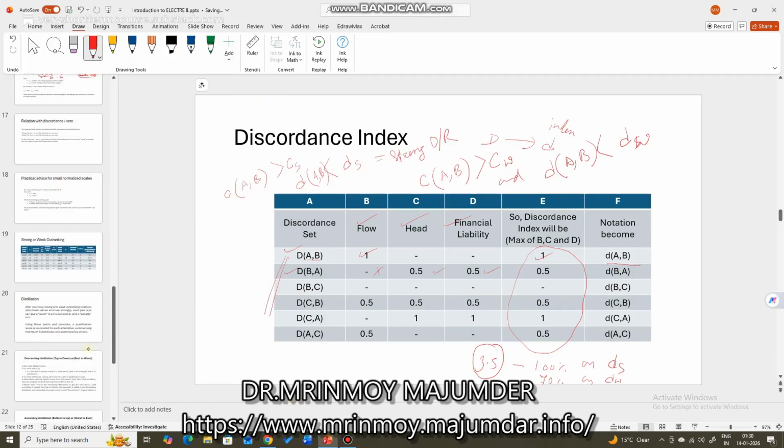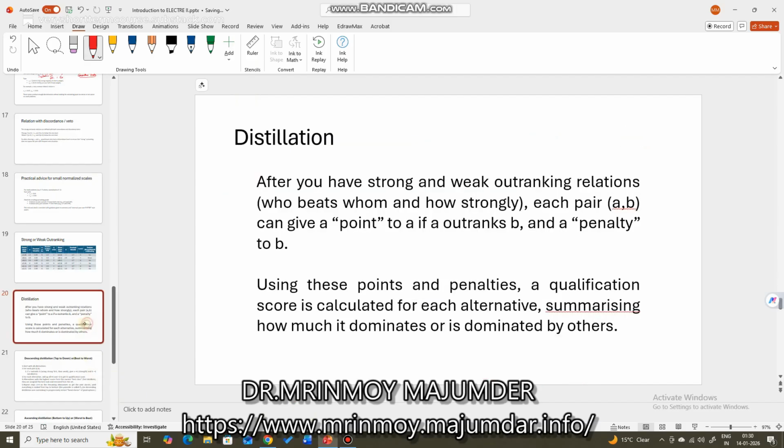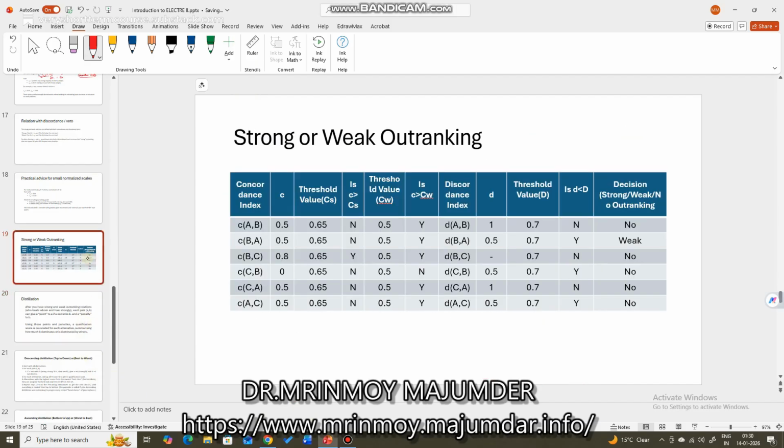Okay. So now here I have designed this table to show you which alternative strongly or weakly outranks which other alternative.